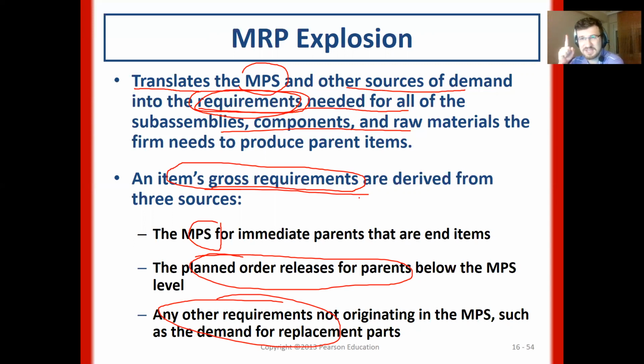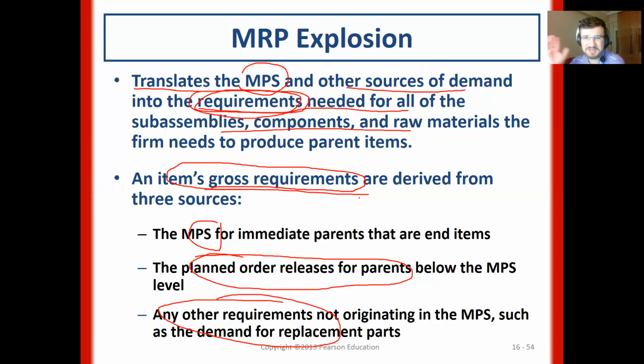In the bicycle example, we know that in order to make one bicycle, we need to have 2 wheel rims, right? So that 2 will be used to determine how much wheel rim is required. And we also said that wheel rims could be used for different types or models of bicycles, and that information is also needed.